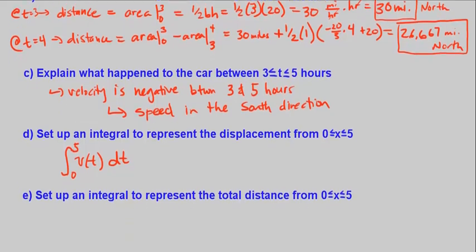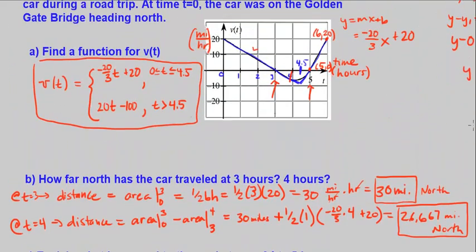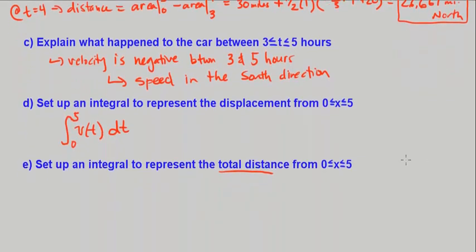Part E is a little bit more difficult. Because in E, we have to think about the total distance, meaning when we're looking at the area, when it's negative, we don't want it to be negative, we want it to be considered positive. So how do you get the positive section out of a negative section in a graph? Well, that's where we take the absolute value into play.